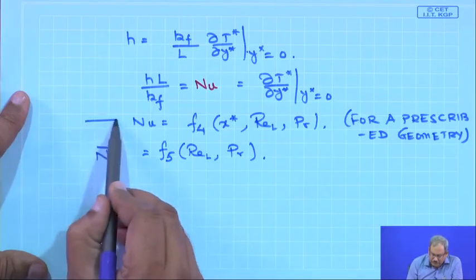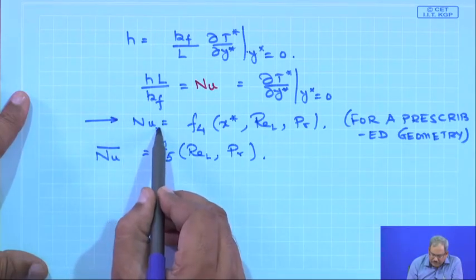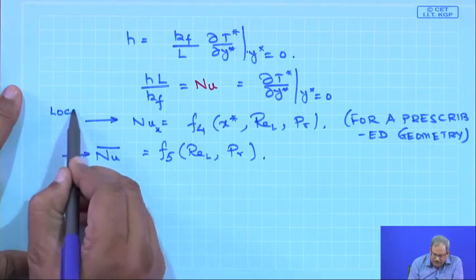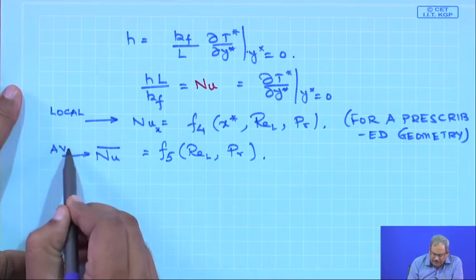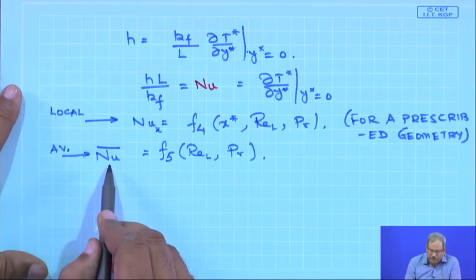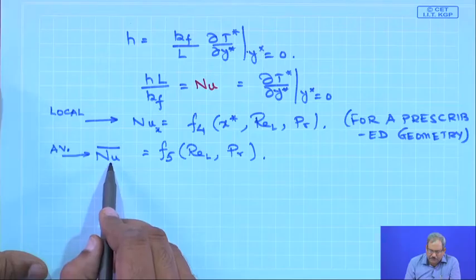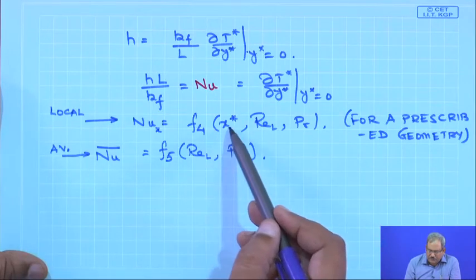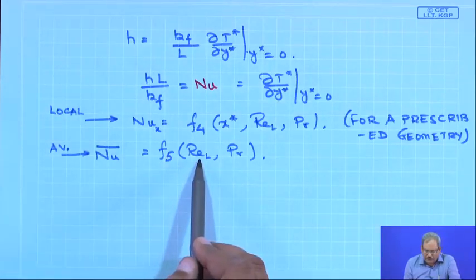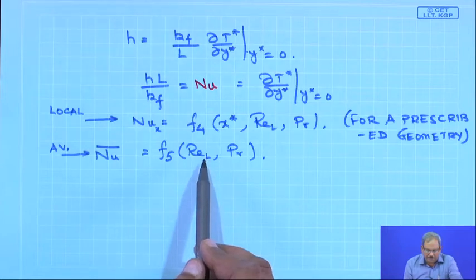So, this is the local value of Nusselt number, Nu x, and this is the average value of Nusselt number, and the bar over Nu simply denotes the average value, which for length average would simply be a function of Reynolds number and Prandtl number.